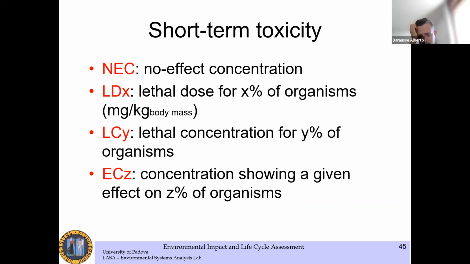When you're dealing with toxicity, parameters you can find in databases or books to represent toxicity are no effect concentration. We'll see the definition in a moment. Or LD50, for example, the lethal dose which kills 50% of test organisms such as, I don't know, Daphnia.